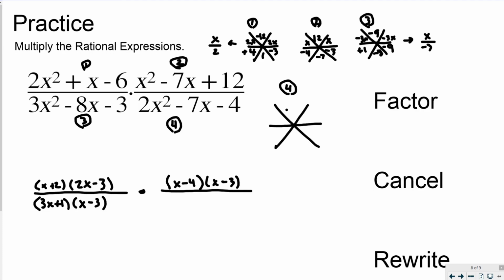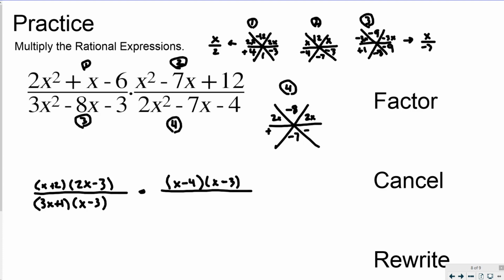2 times negative 4 is negative 8. And then negative 7 goes down below. So 2x and 2x. So the factors of -8, one of them has to be positive, one of them has to be negative. Factors of 8 would be 1, 2, 4, and 8. 2 and 4 would combine to be either -2 or +2.